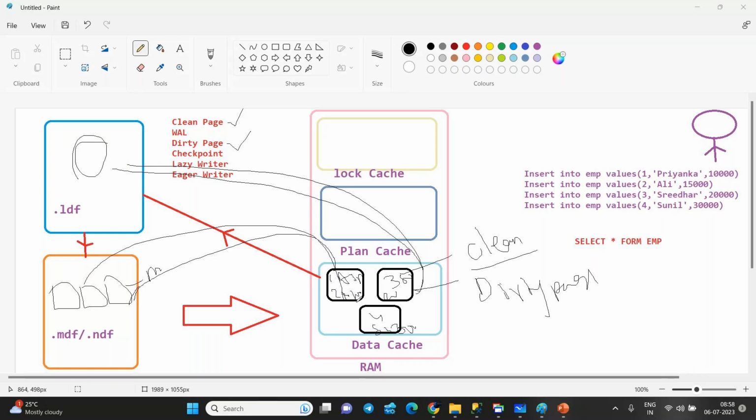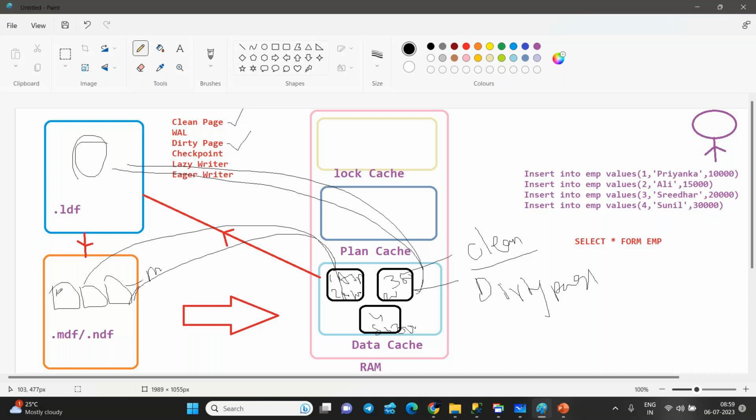Clean doesn't mean the data won't be available. The data will be available, but whatever changes were written to the disk, one Priyanka, two Ali, three Sridhar, four Shiva, are moved. The same data is available here, but all the changes are permanently moved to the disk. Now no need to worry. Now you should call this space a clean space.